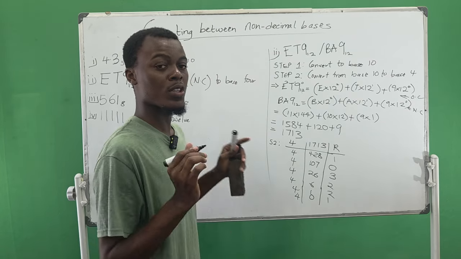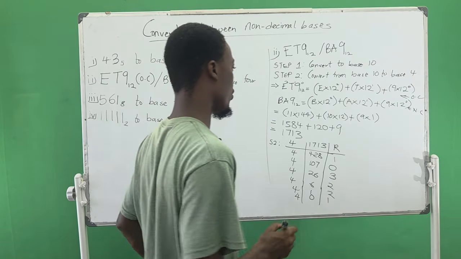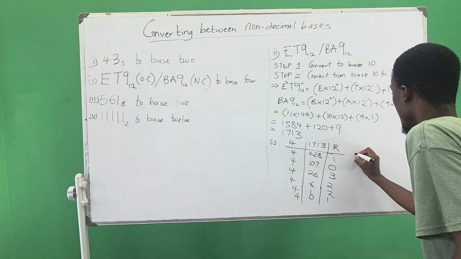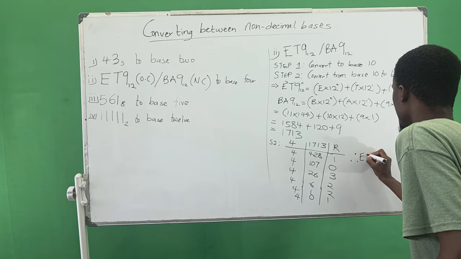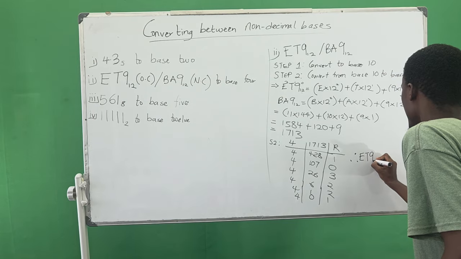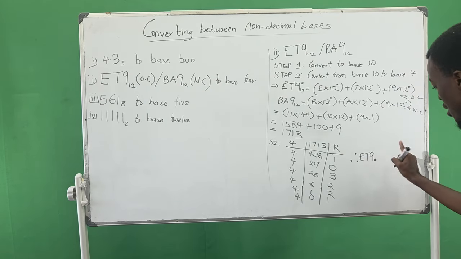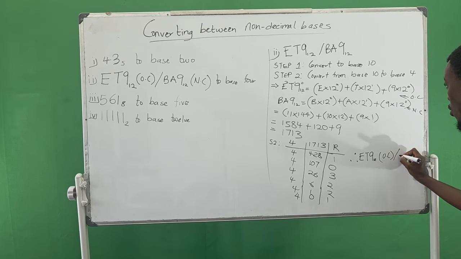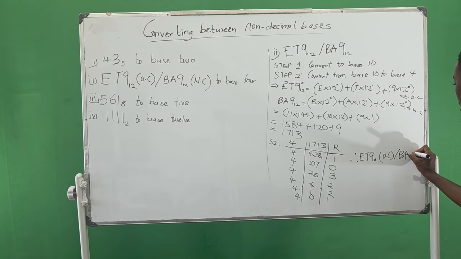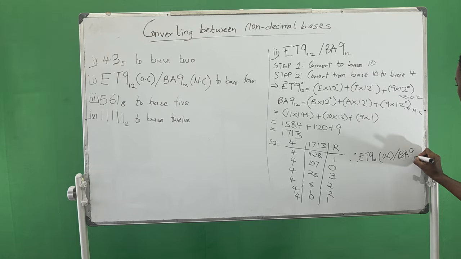Okay. So now we can conclude that therefore 912, as I said, this is for the old curriculum, or BA 912 new curriculum.